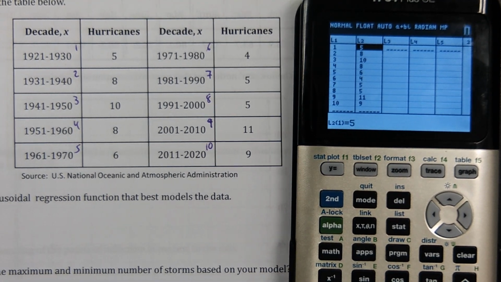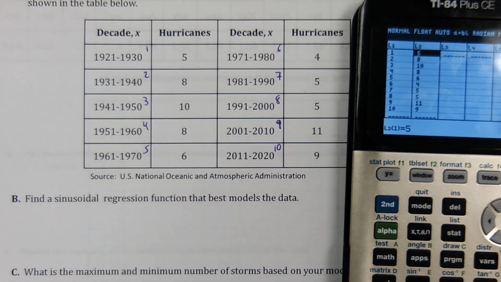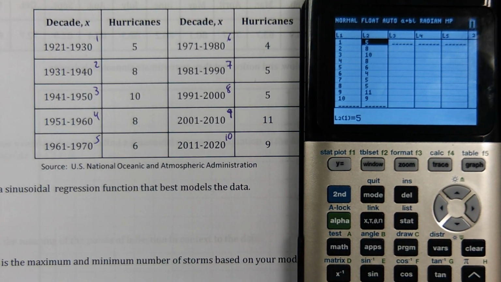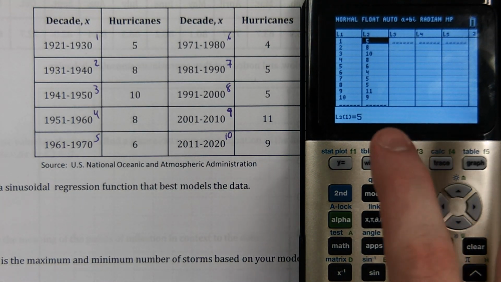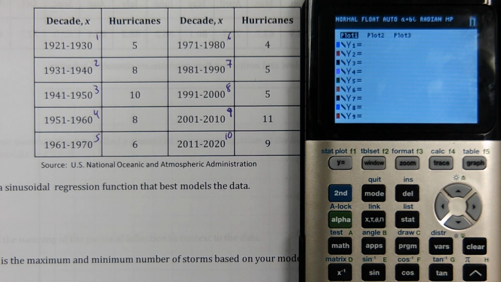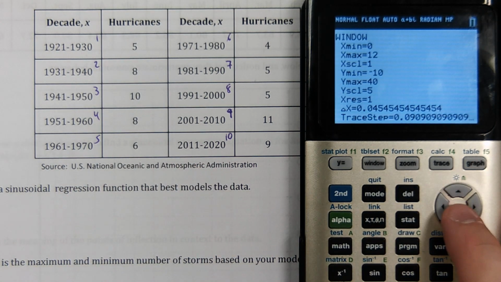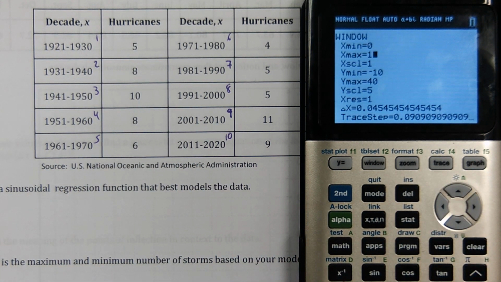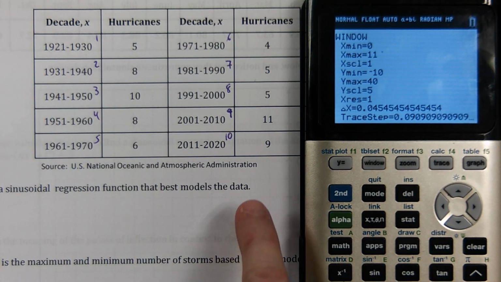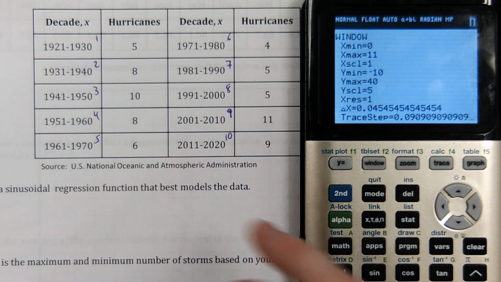Now, I'm curious to know what this scatter plot looks like. Okay, so I'm going to go to y equals, it's cleared out. I'm going to turn on plot 1, and my window is going to go from 0 to 11. That way all 1 through 10 are on there. And the biggest number is an 11. The smallest number is a 4.